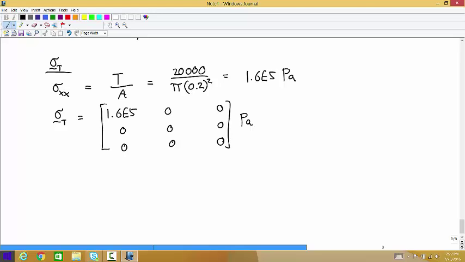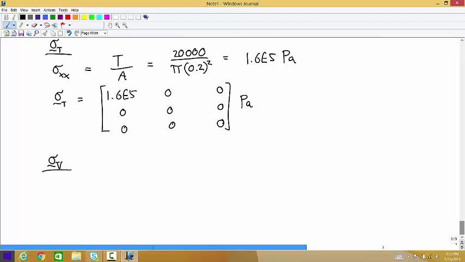And now we have to do the one for the shear force. So b is equal to 2 times the radius, so 0.4.